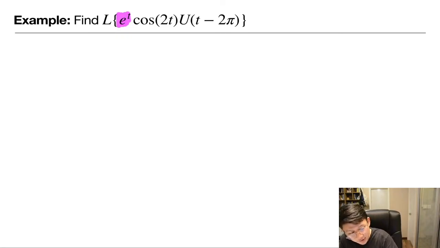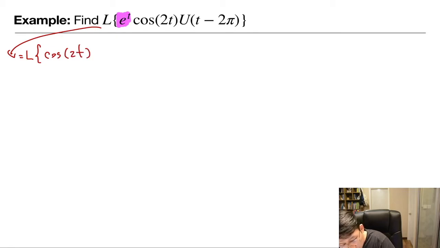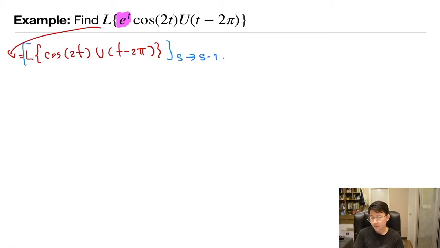So in that case, the Laplace transform of this guy can be written as the Laplace transform of cos 2t u of t minus 2 pi, and then you shift s to s minus 1. Does it make sense?